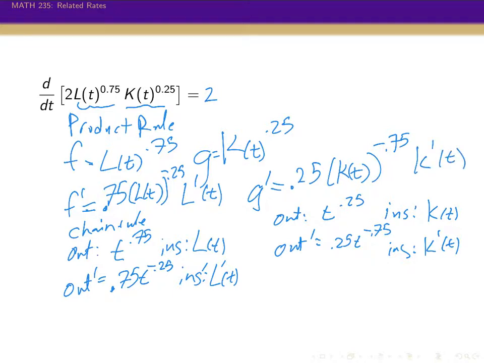Okay, so now we have everything we need for the product rule, and so we can finish this off. Let's change the color here. The product rule is f prime g plus f g prime.